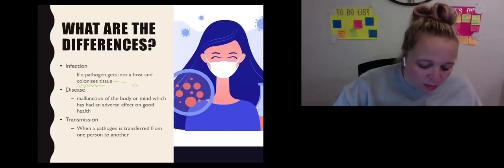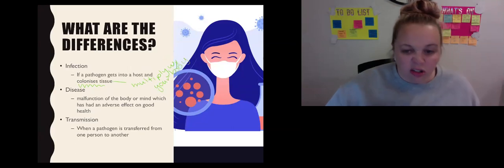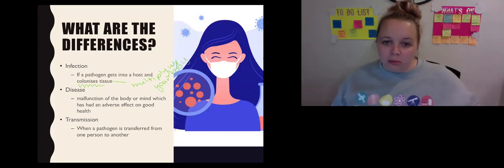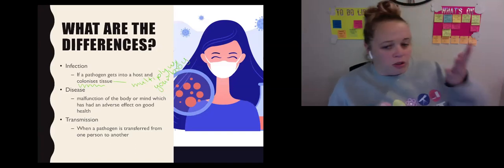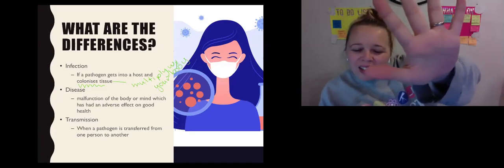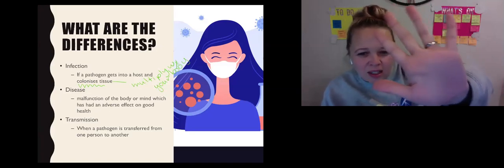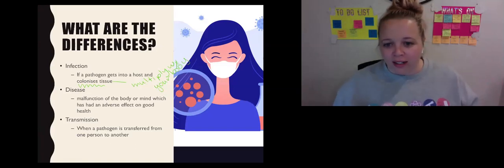Colonization means it can multiply within your body. So it's not good enough that it gains entry. It needs to be able to then multiply in your body. So, for example, if you got COVID-19 on your hand by going to the supermarket and touching something really dodgy that someone had been touching, then you could wash that off and you wouldn't get an infection.